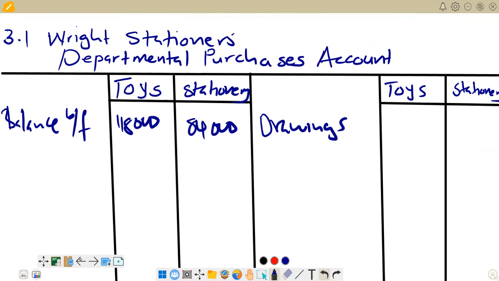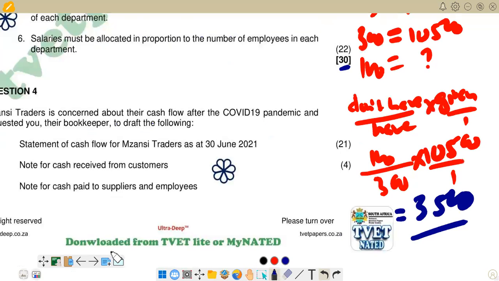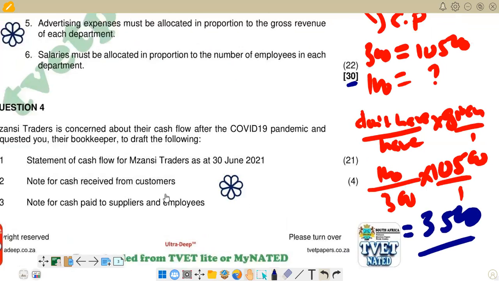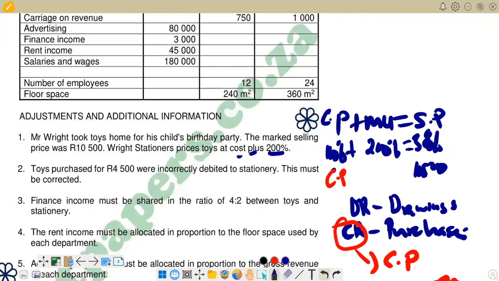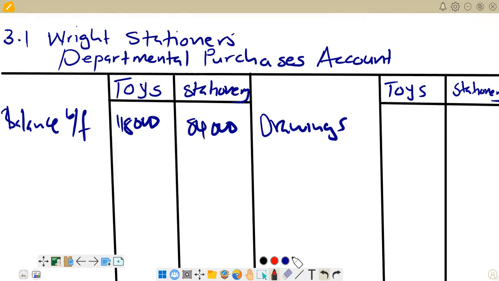And remember, we can go back and check whether these drawings are affecting toys or stationery. Going up there, we see that our drawings are affecting toys: two toys, one for each child's birthday party, which is for personal use. So toys is the department being affected, and we put 3,500 under toys.